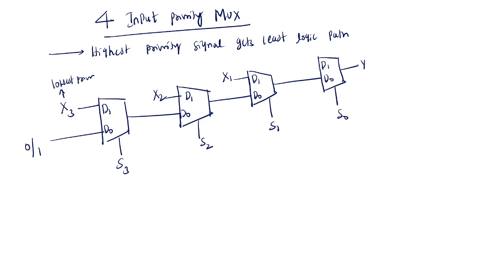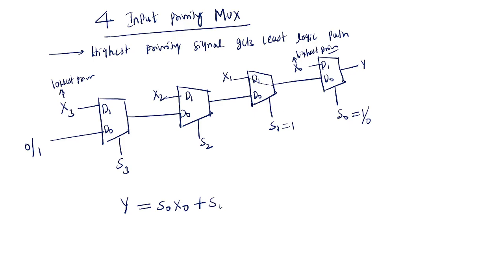So x naught has the highest priority. Suppose you see y equals: when s naught is 1, which is connected? x0 is connected. Plus, when s naught is 0 and s1 is 1, which is connected? x1.